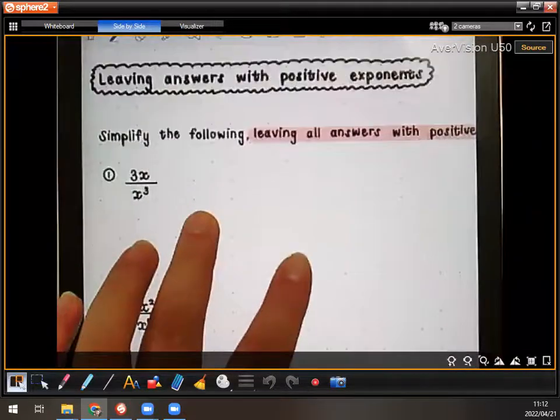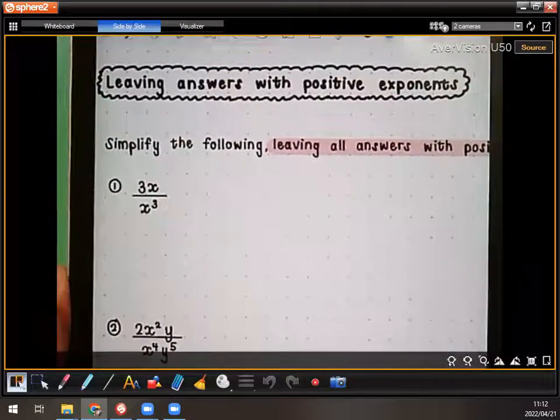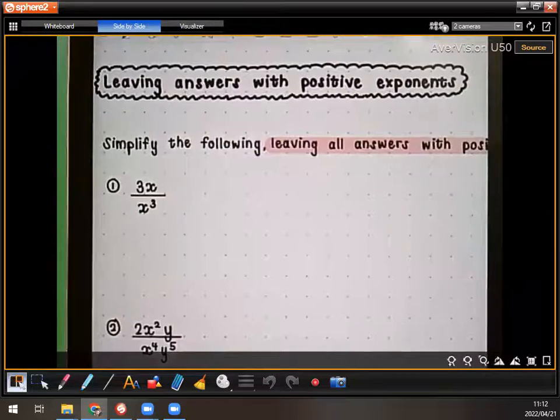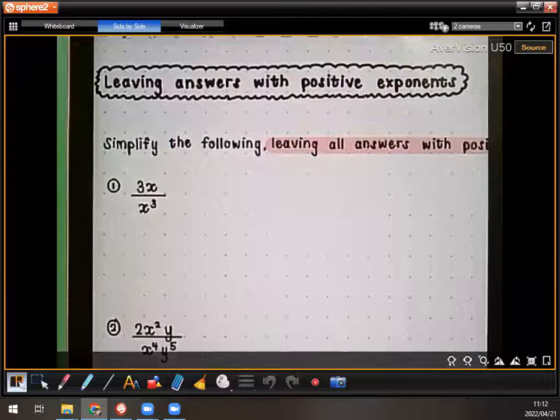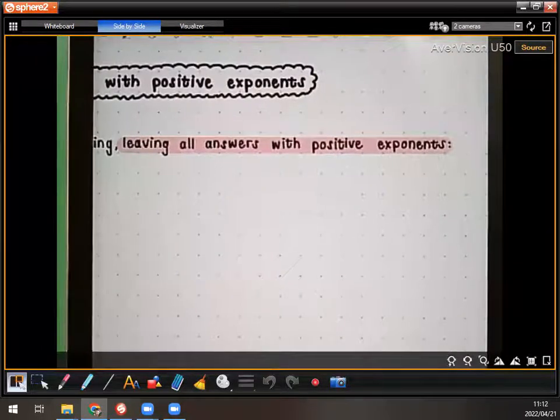That is the new heading. Leaving answers with positive exponents. I will move to the side now so that you can see what I've written in the highlights text. Write down the heading quickly. Okay, so the heading is leaving answers with positive exponents. And we're just going to do some examples so that I can show you how that works. Now the instruction here is just saying simplify the following, leaving all answers with positive exponents.